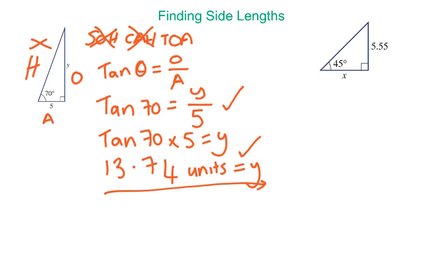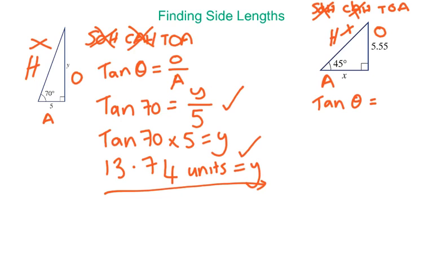Moving on to our second triangle, once again I start the process by labelling my triangle, my hypotenuse, my opposite and my adjacent. Same thing as last time. So, SOH CAH TOA. I'm going to cancel out which one does not have h in it because I have no information on my hypotenuse side, and once again I'm left with tan.